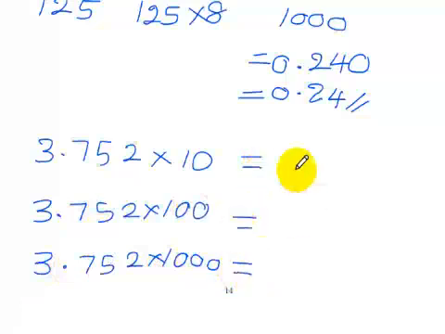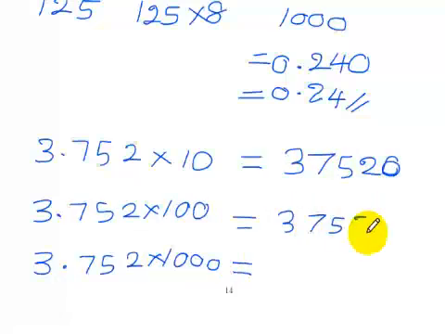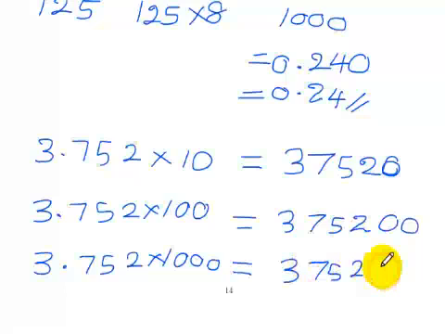Without considering the decimal, I will multiply by 10. So 3752, this 0 goes here. For 100, there are 2 zeros to add, and for 1000, 3 zeros add. Now count the decimals 1, 2, 3. Here also you should count the decimals 1, 2, 3.